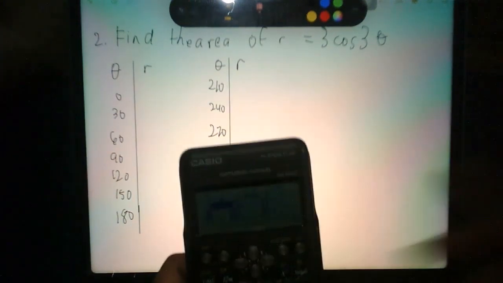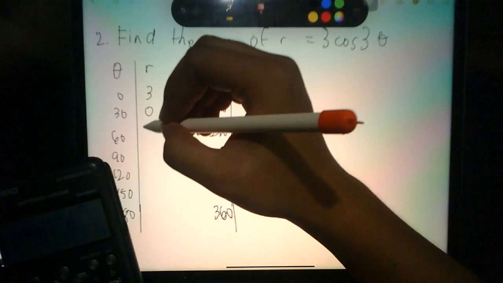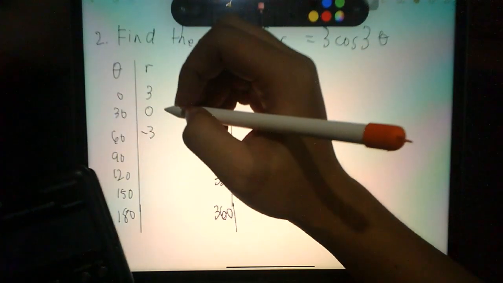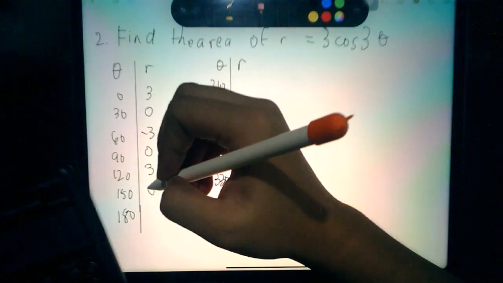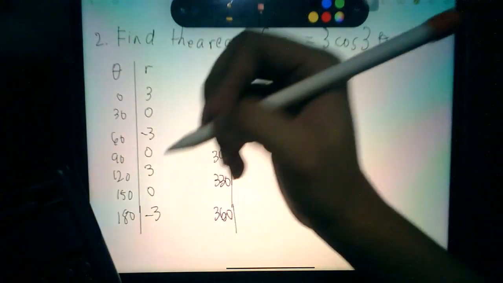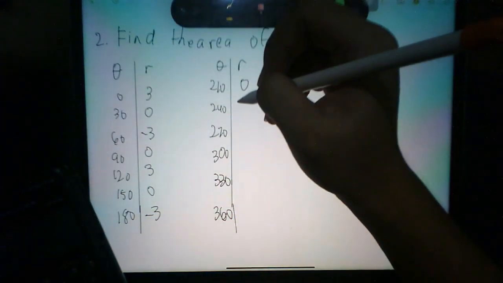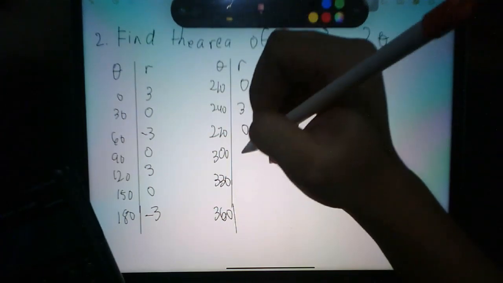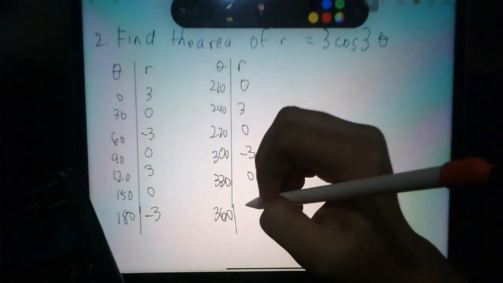So 0 is 3, 30 is 0, 60 is negative 3, 90 is 0, 120 is 3, 150 is 0, 180 is negative 3, 210 is 0, 240 is 3, 270 is 0, 300 is negative 3, 330 is 0, and 360 is 3.